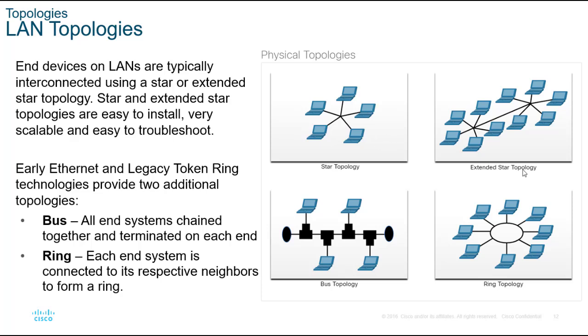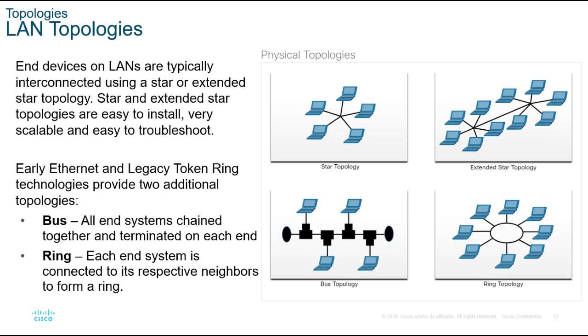An extended star topology is simply an extension of the star topology, which interconnects multiple Ethernet switches, represented by the interconnected center points of the stars. Both the star and extended star topologies are easy to install, scale very well, meaning they're easy to add to, and are easy to troubleshoot.